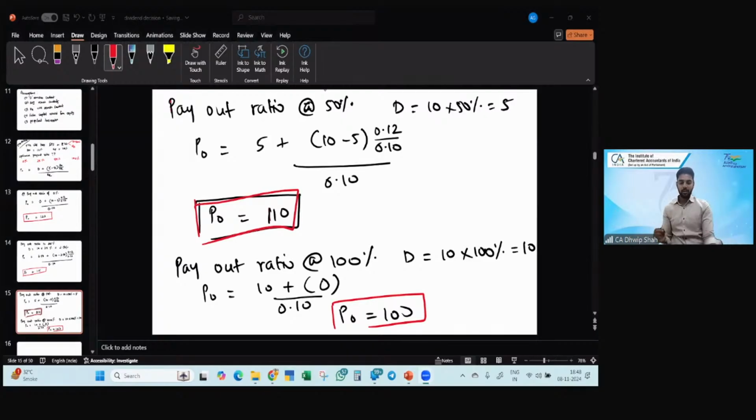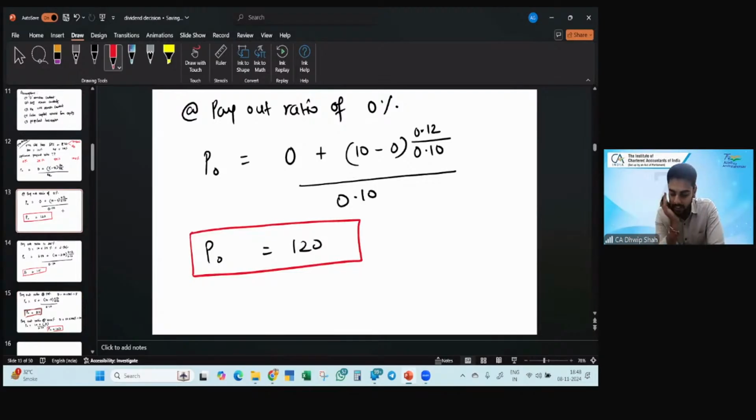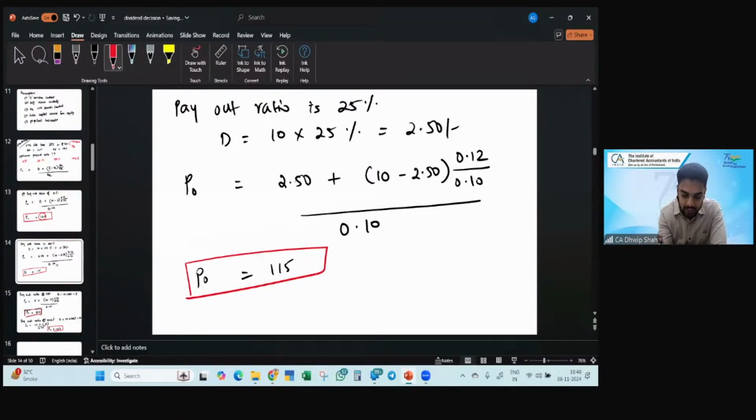Correct. So if you look carefully, the market price, the value of the company, was highest when the payout ratio was 0. At 0%, my market price was 120. When I kept on increasing the payout ratio, the market price kept on falling.